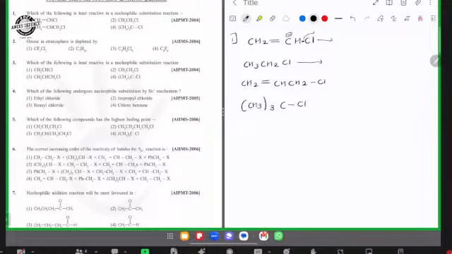In another, the methyl group is donating its electrons. Here the Cl and the doubly bonded carbon atom are separated by a CH2, so it is electrophilic in nature. And this one is very reactive because it is a tertiary carbon atom. So the correct answer is option number 1.